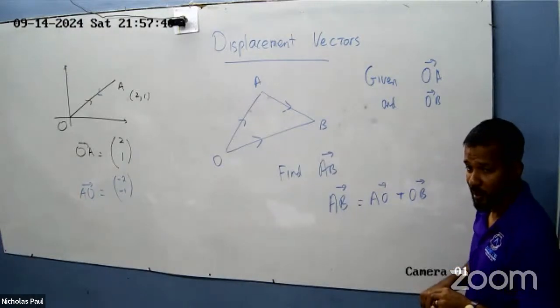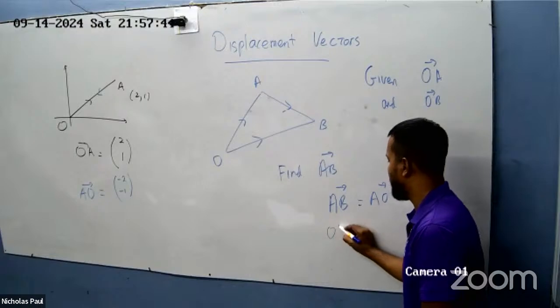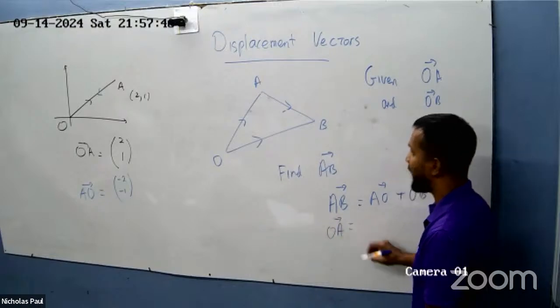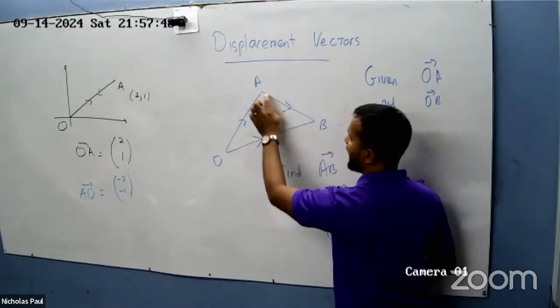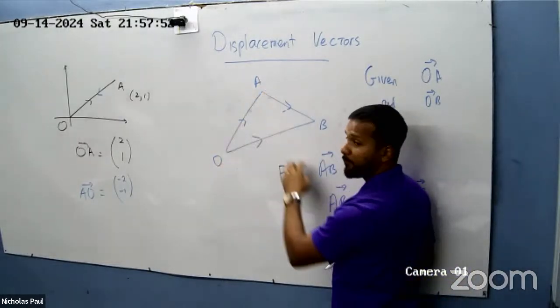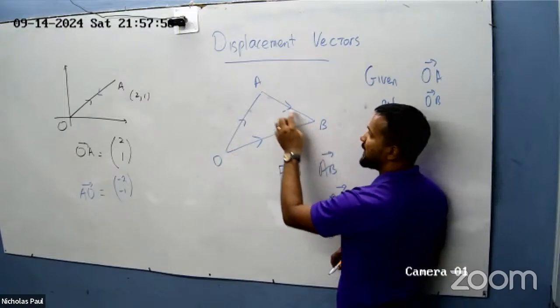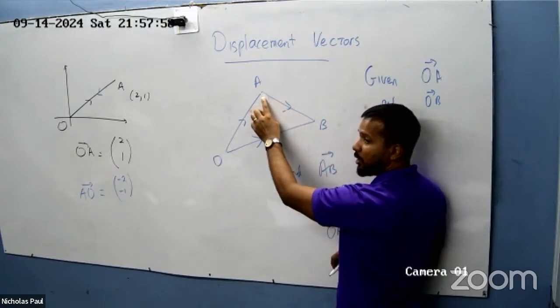That's okay? Let's say on the other hand, I had asked you for OA and you had OB and AB. What will be O to A? It will be O to B to A. Are you okay with that?